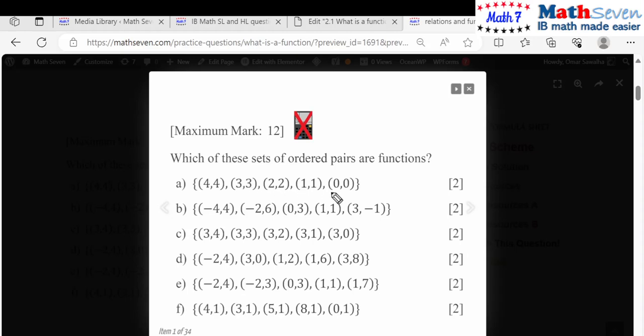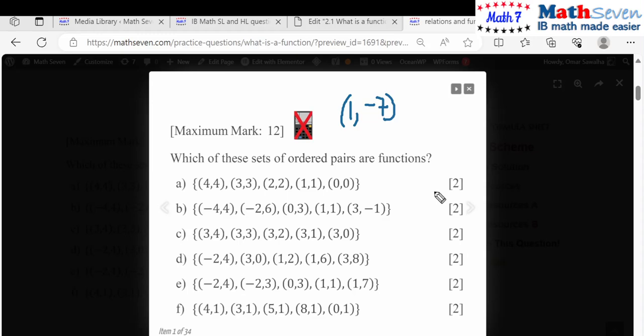Look at 3. هاي 3 2 مع 2 1 مع 1 0 مع 0, so every input has its own output. Okay, والinput, if I repeat the same input مثلا if I repeat 1 again I expect it to give me 1. إذا بتعطيني مثلا if I have an order pair like this مثلا 1 خلينا نحكي minus 7 within this set of order pairs, ال1 بعطيني 1 and another time بعطيني minus 7. يعني الانبوت كل مرة بعطيني الشكل.